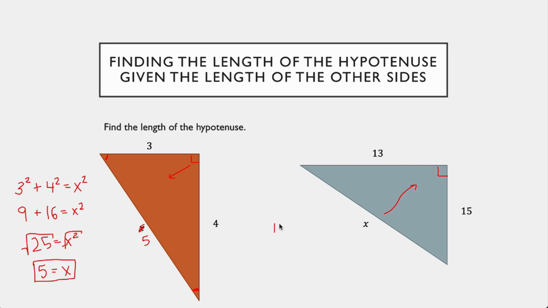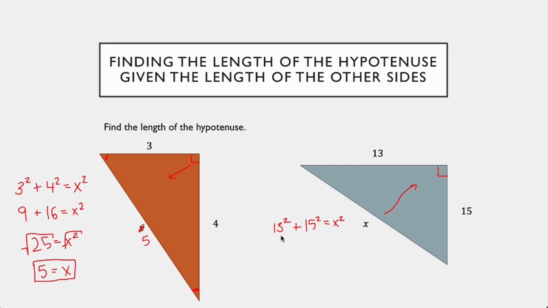So 13 squared plus 15 squared, or it can be the other way because of commutative property, and it doesn't matter what order A and B are in, is equal to x squared. Remember, the hypotenuse is always c, so that can't be switched around.